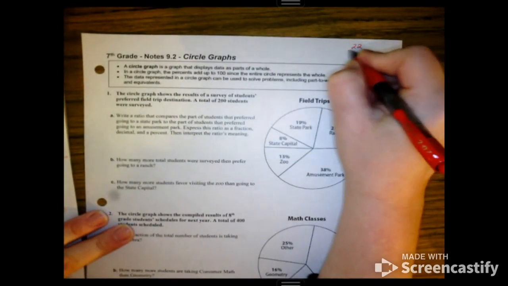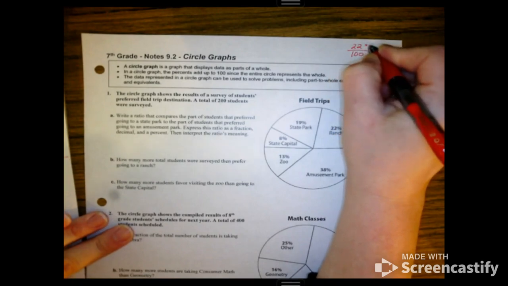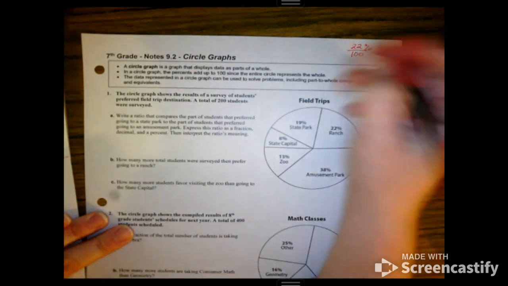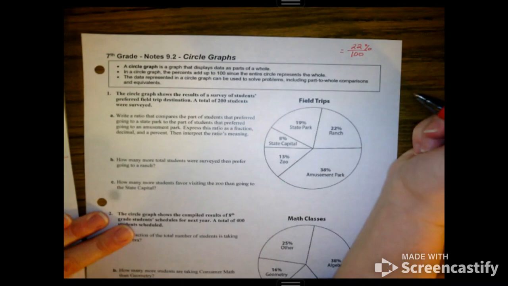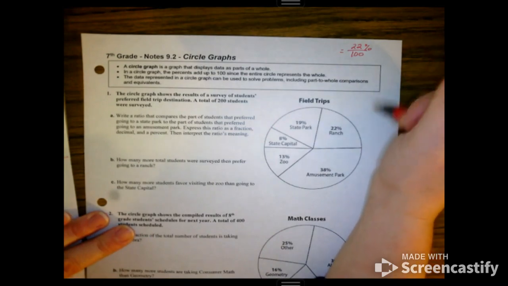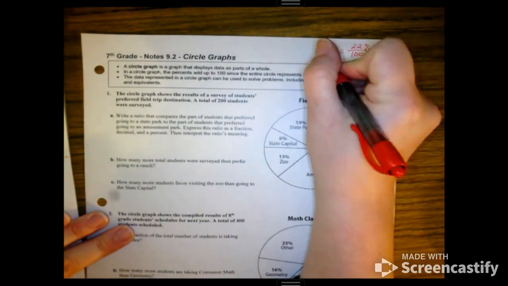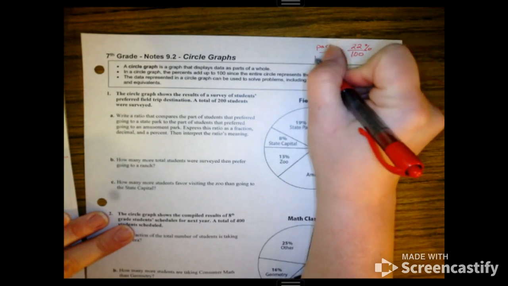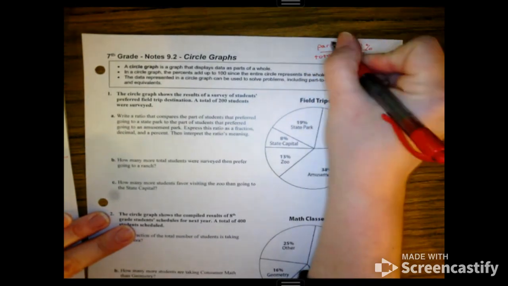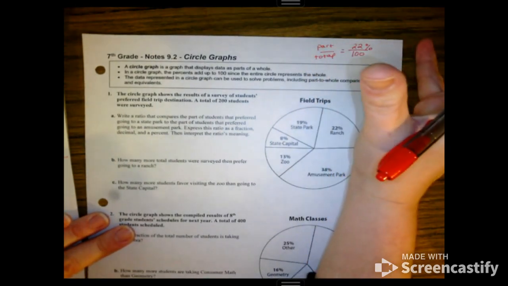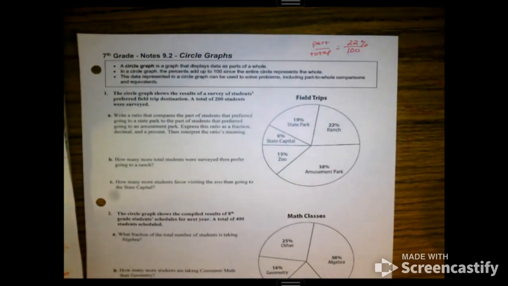Okay. 22 over 100. Is that representing my percent? It's like cross multiply. So then we had our part and our total. And yes, you could cross multiply and divide. That is one way that works every single time without fail.